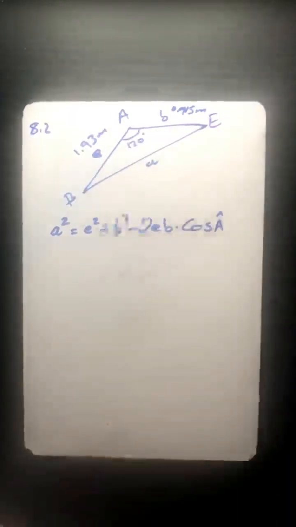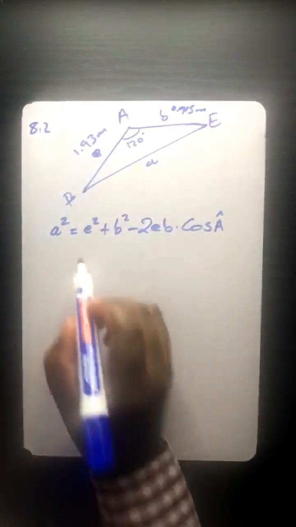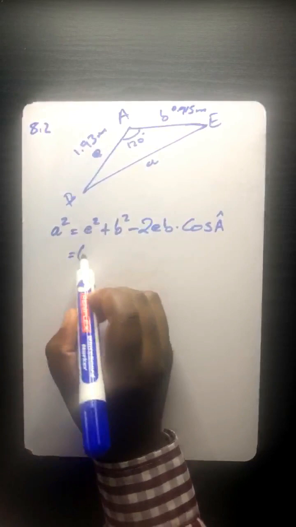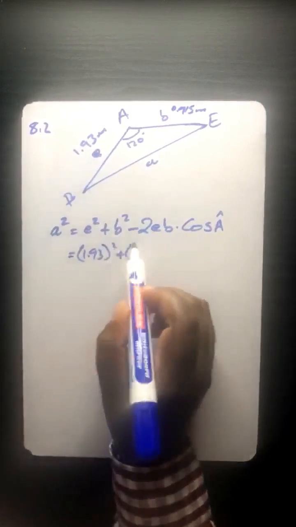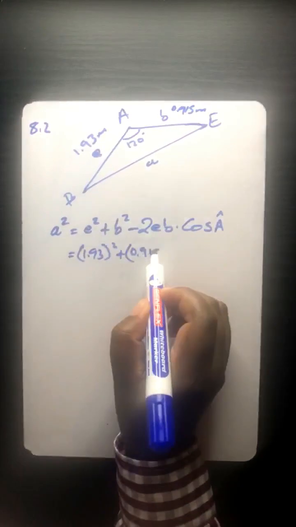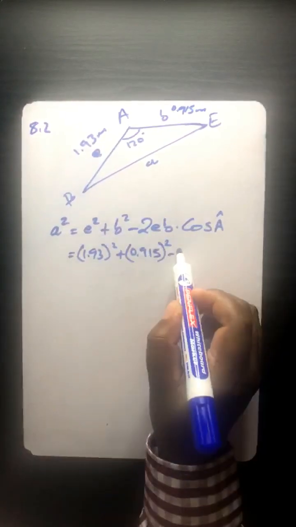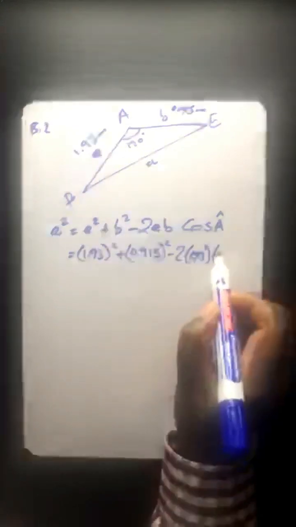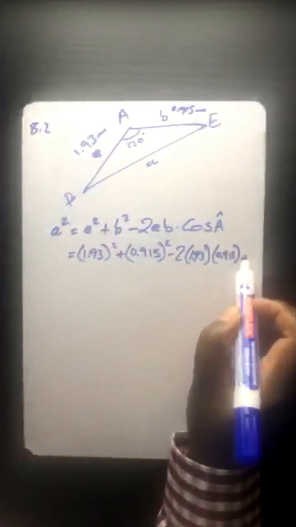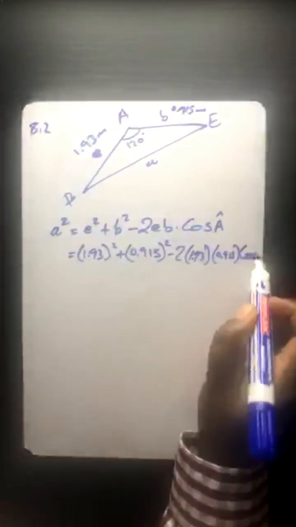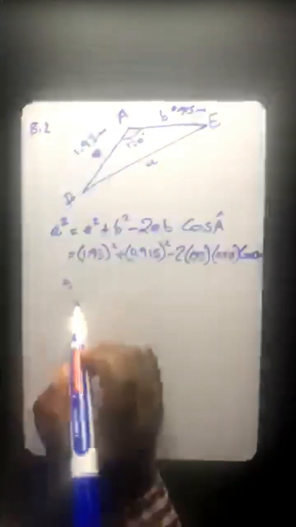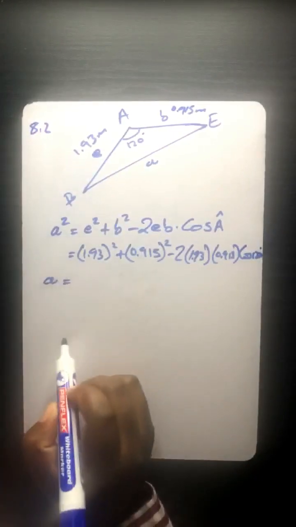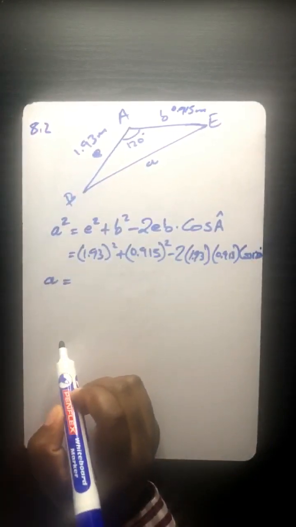So now let's substitute and work it out. So let's see. What is E? E we just calculated is that squared plus what is B? It's 0.915 squared minus 2 of those same values there, 0.915 close, and then cos of 120 degrees. So what is the value of a, being BE?